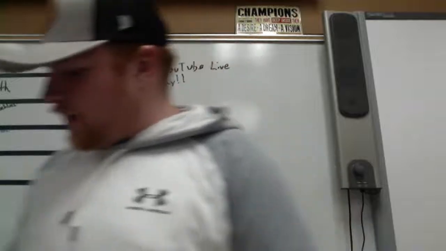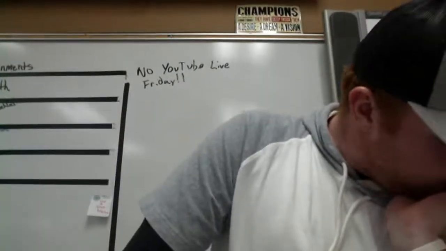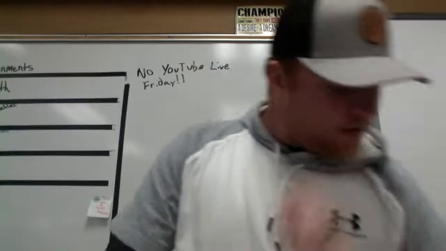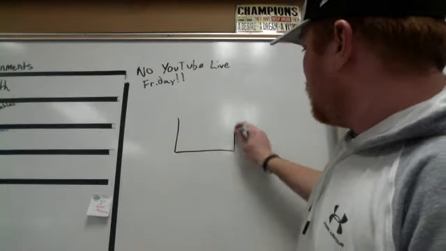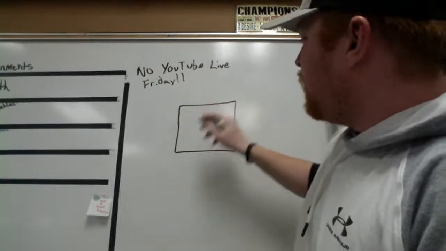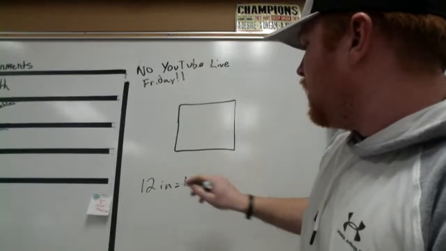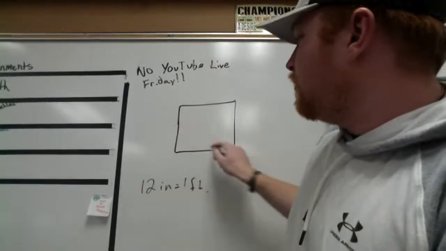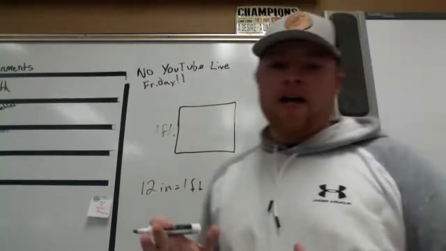Page 64, number 8. Okay, so if you have a square, and we know that 12 inches equals 1 foot, and each side of the square is 1 foot. Now remember, with the square, each side is congruent.